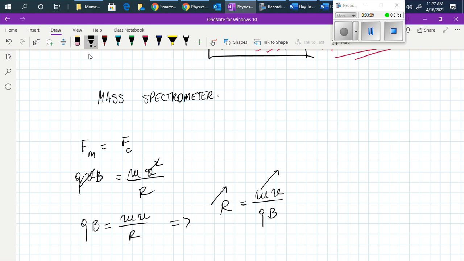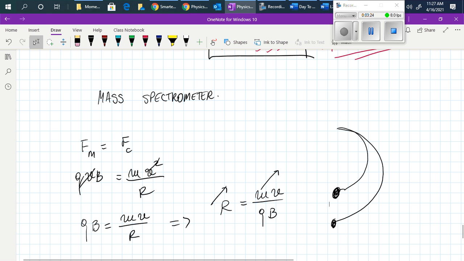So what will happen is that when they are in a magnetic field, the accumulation of the isotopes will be different because of their masses, if everything else is kept the same. So lighter isotopes will travel in smaller circles in comparison to the heavier isotopes.